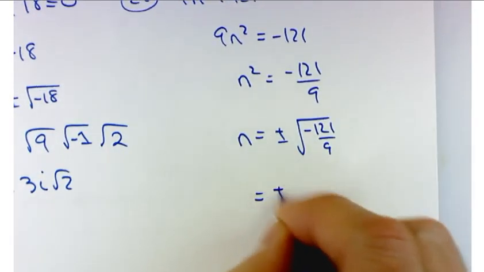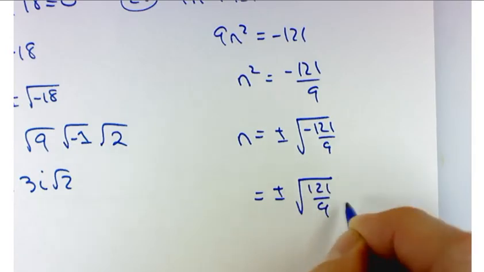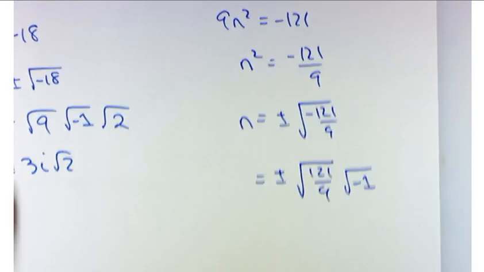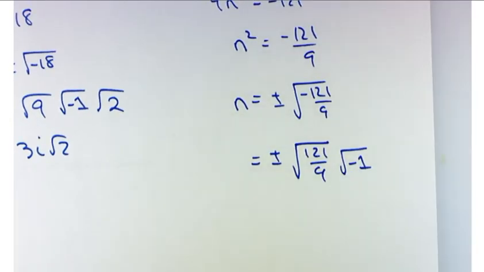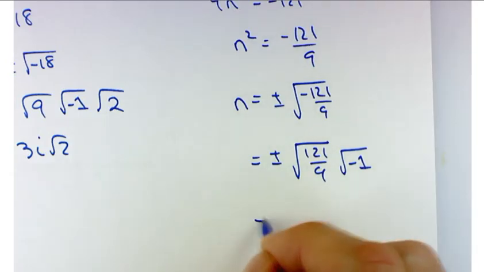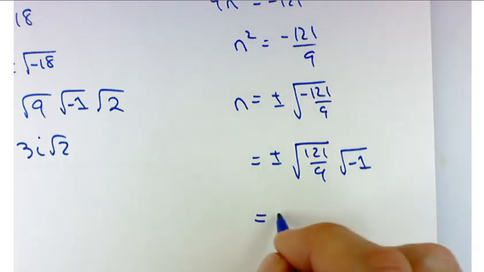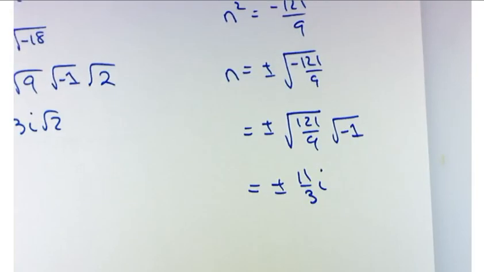Maybe it's worth it just to write it like this: 121 over 9 times the square root of negative 1. This is now a nice friendly term that I can take the square root of because 121 is a perfect square. So is 9. What do I end up with? 11 over 3. Good. And times the i.